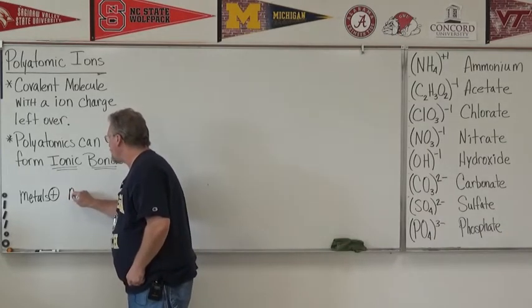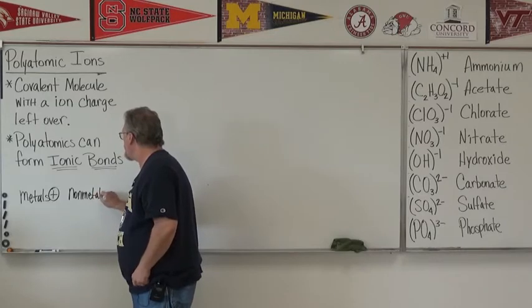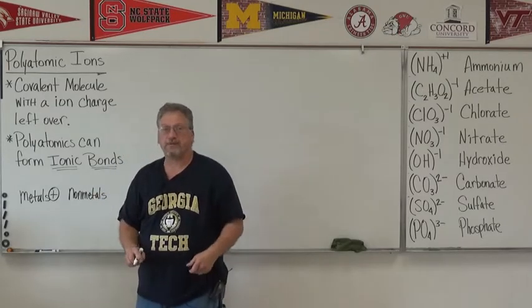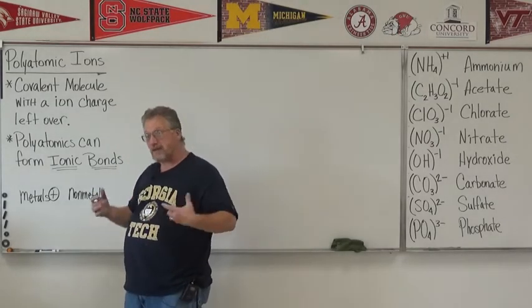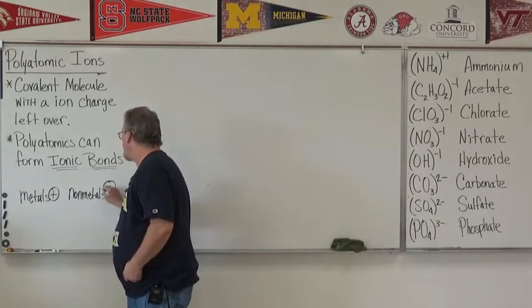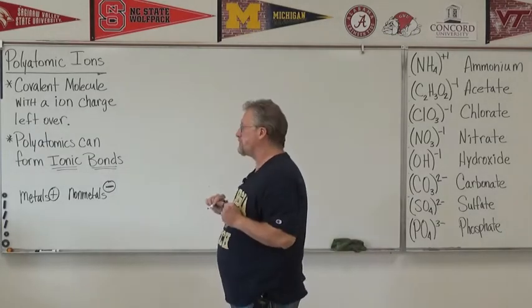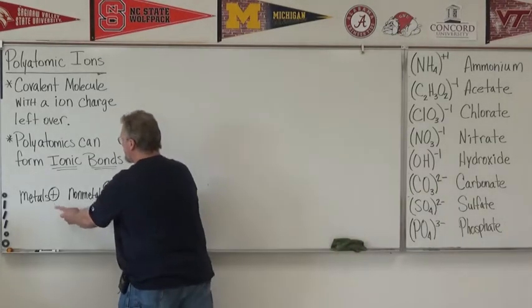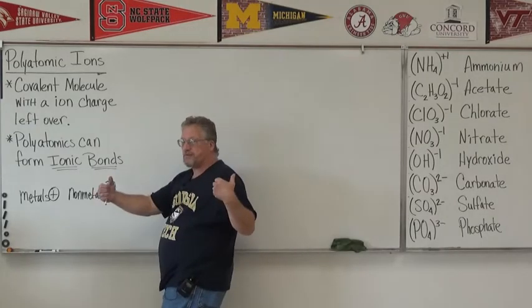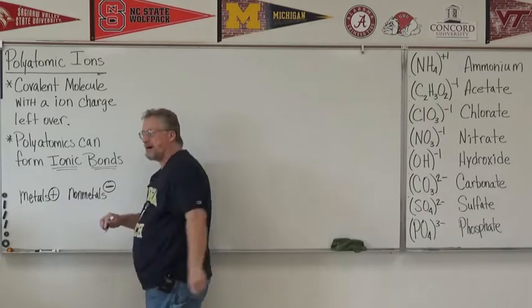And nonmetals like to gain electrons. If they gain extra negatives, they're going to wind up being negative ions. I want you to remember that because it's that positive and negative, that opposite attraction, that brings them together. That's what created our ionic bonds last time.